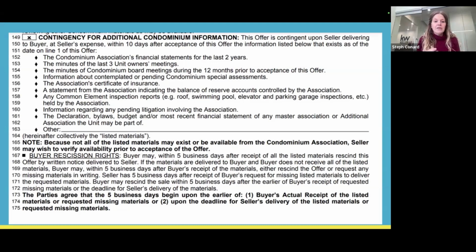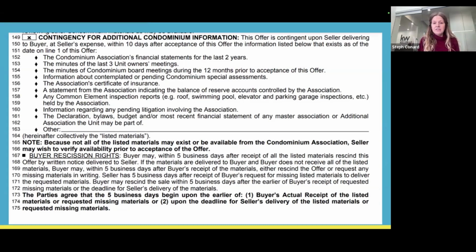That includes things like the condo association financial statements for the last 2 years, the minutes of the last 3 unit owners meetings, the minutes of the condo board meetings during the 12 months prior, information about contemplated or pending condo special assessments, the certificate of insurance, statement from the association indicating the balance of reserve accounts, any common element inspection reports.